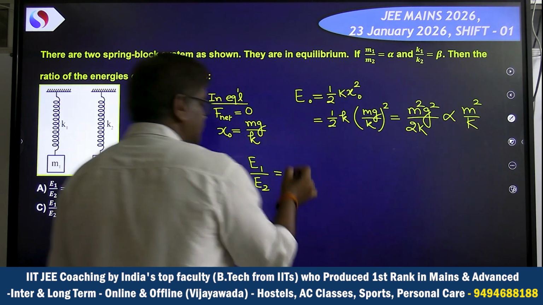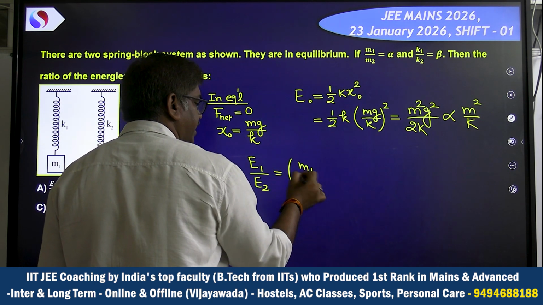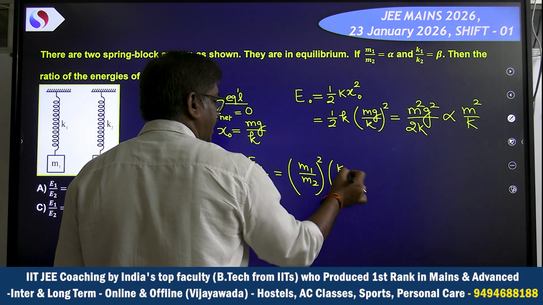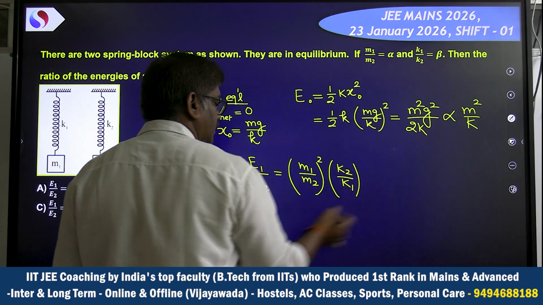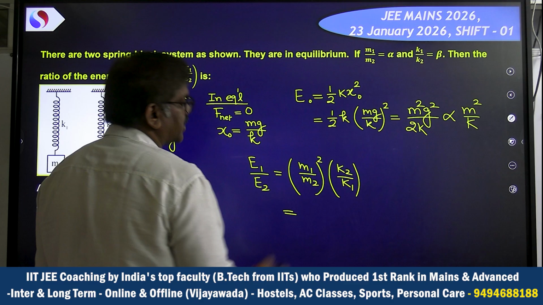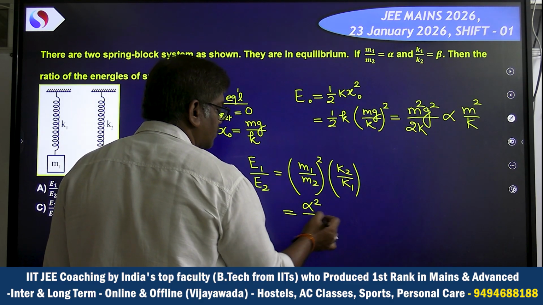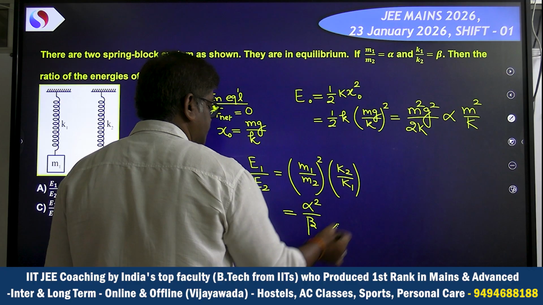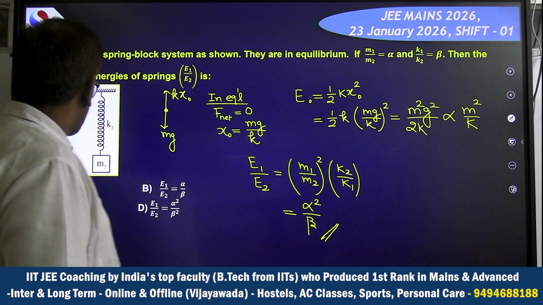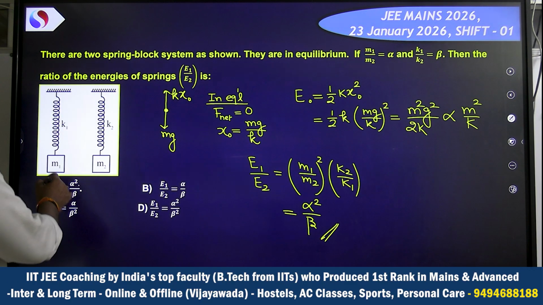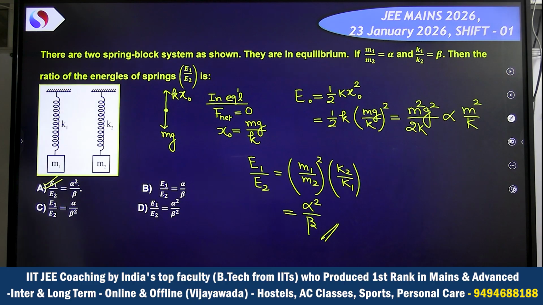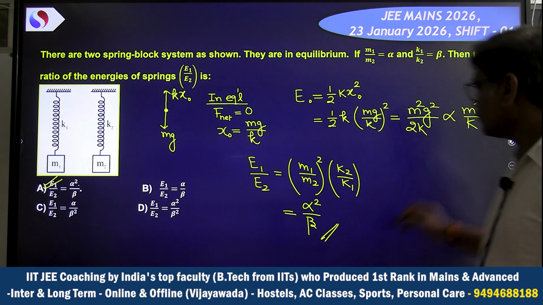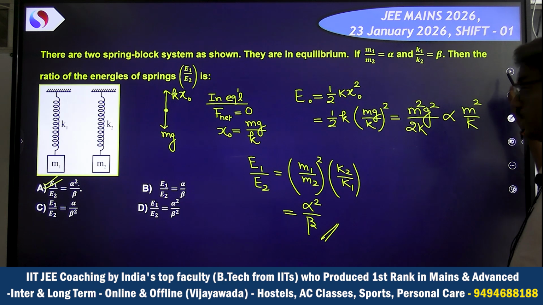That's why the ratio will come as (M1 by M2) whole square and K2 by K1. M1 by M2 is given to you as alpha, so it is alpha square. K1 by K2 is given to you as beta. That's why the correct answer should be alpha square by beta, which is option 1. Okay, again the easy one. Move to the next question.